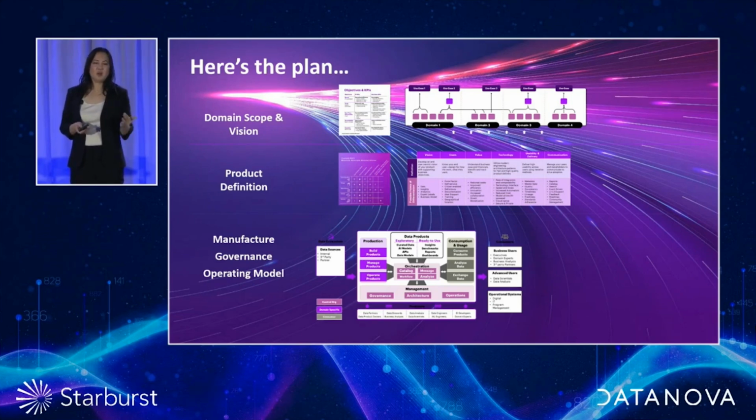So from that domain and scope, there's probably one or two products that make sense to launch in the beginning. And this is taking that product team, right, the data product owner, the data product architect, your central data team, your business sponsor, your product team, and bringing them together to think about and really define the vision for supporting the users to measure the value of that data product.